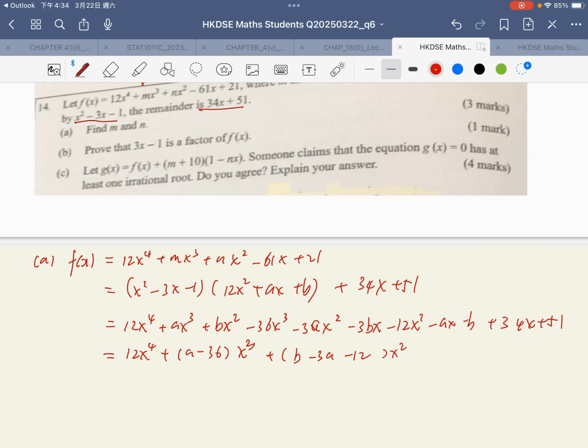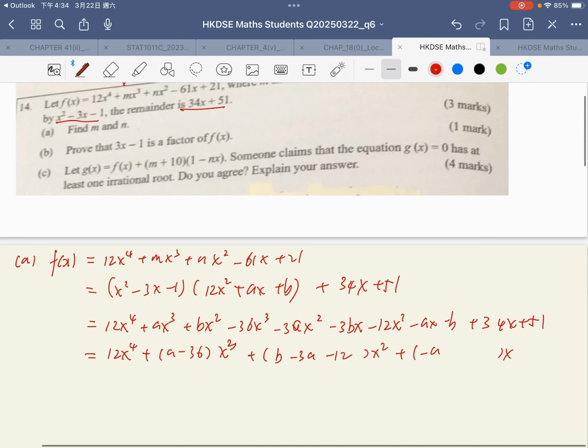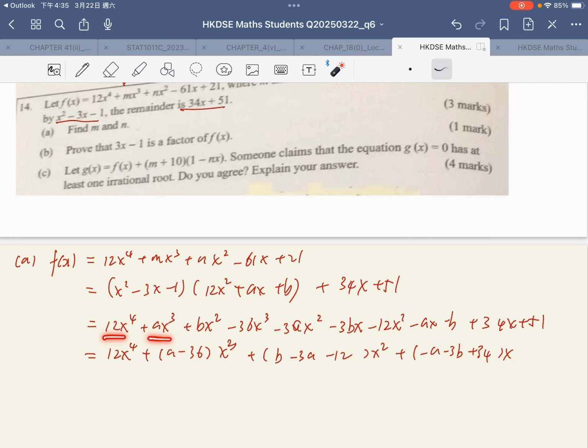Yes, and the coefficient of x is minus a, minus 3b, because I have to guarantee all the terms are sorted, plus 34.